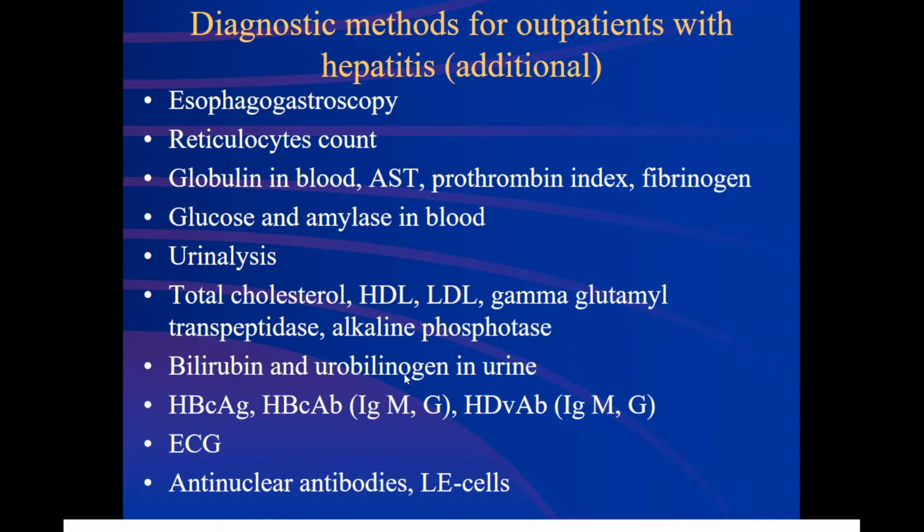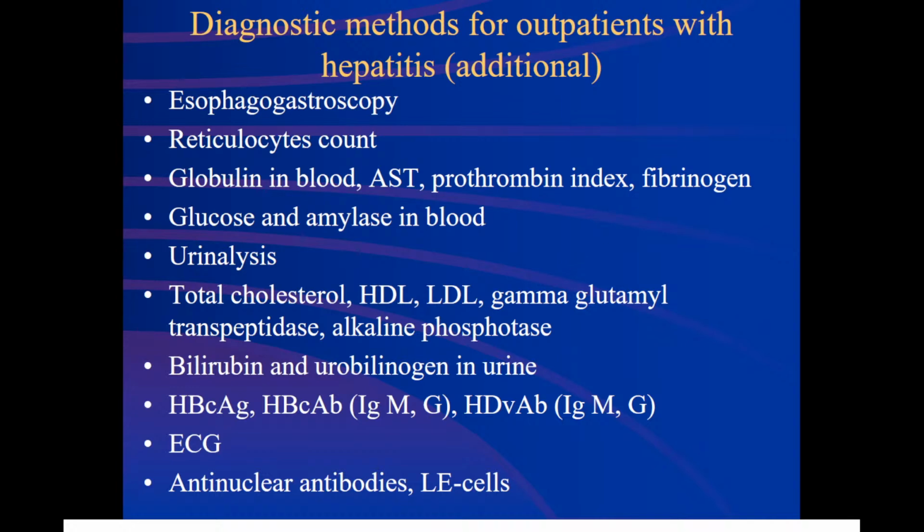Bilirubin and urobilinogen in urine also in case of jaundice mostly. If previous serological tests for viruses are not sensitive, but you still are thinking about viral hepatitis, HBc antigen, HBc antibodies, and HDV antibodies may also be added.